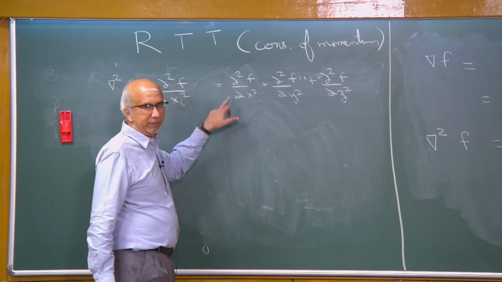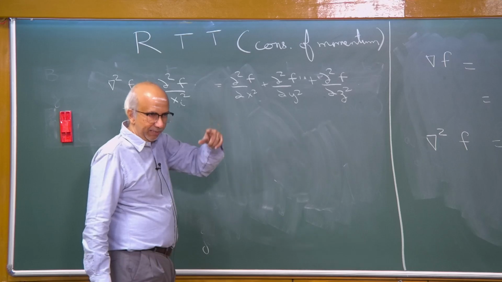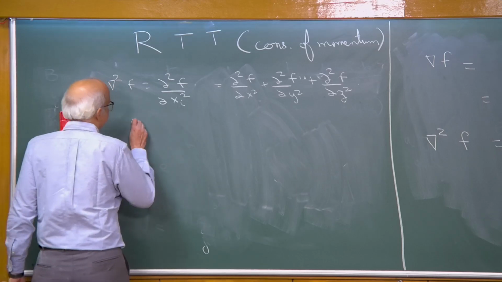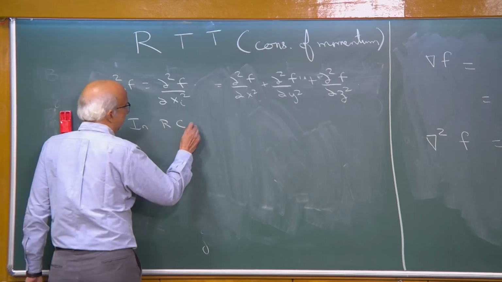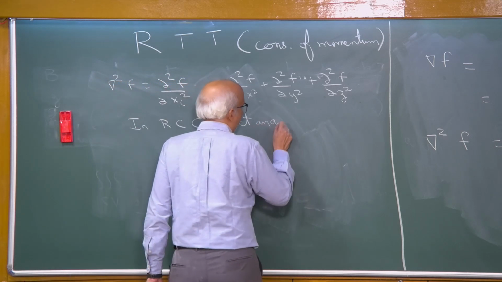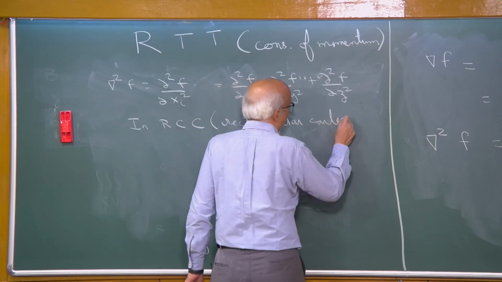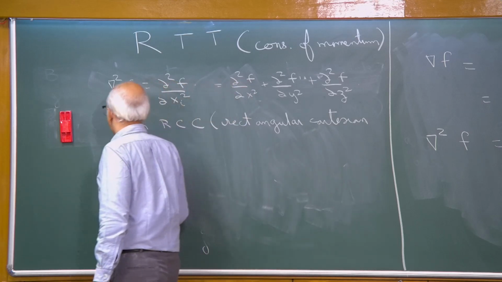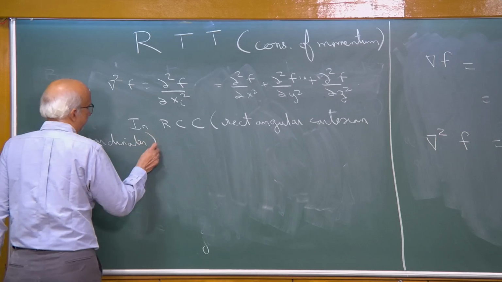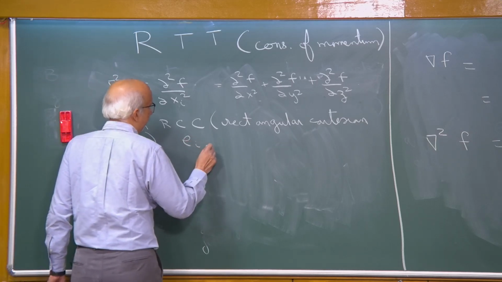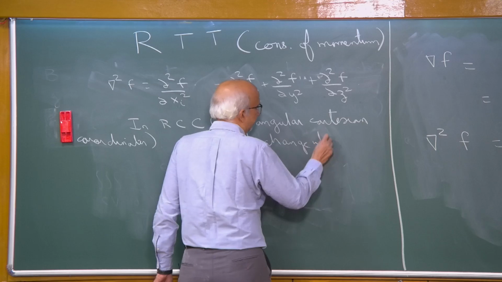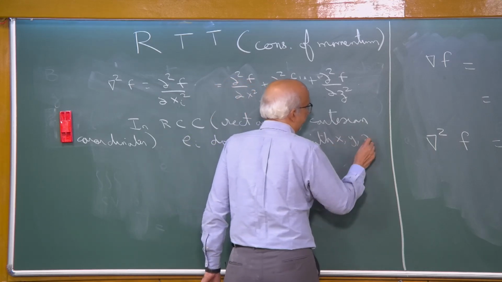The point I am trying to make is that in rectangular Cartesian coordinates, the Ei do not change with x, y and z.